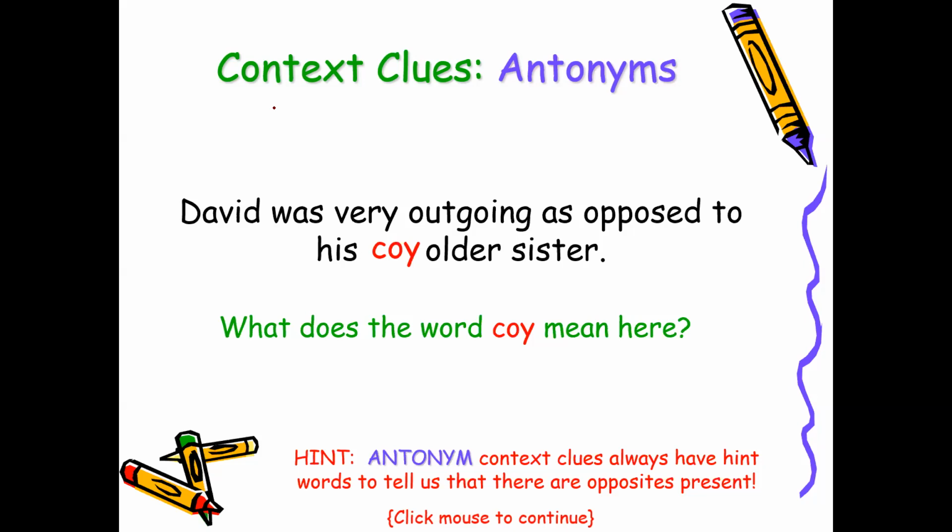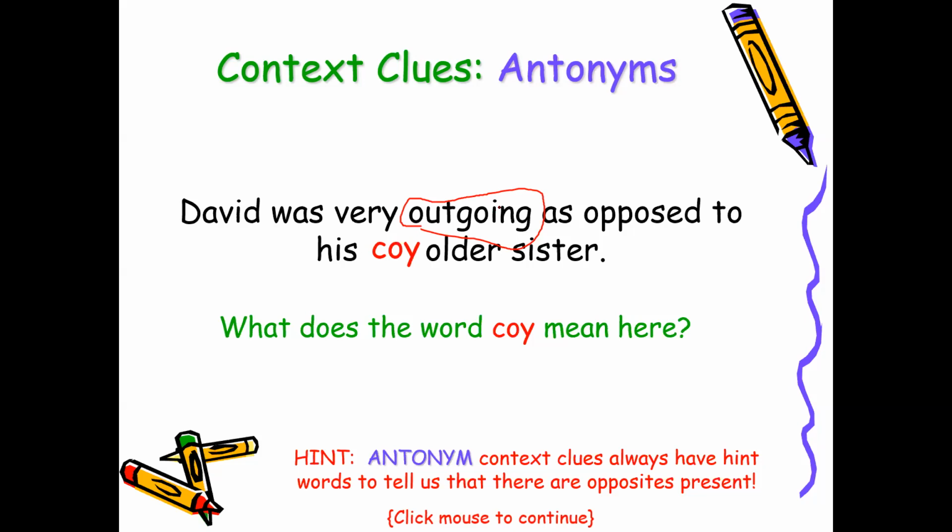What do you think coy means? It is actually true, the opposite of outgoing. So when you think about it, David was very outgoing. What does it mean, outgoing? Sociable, you know, likes to meet others and interact with them.